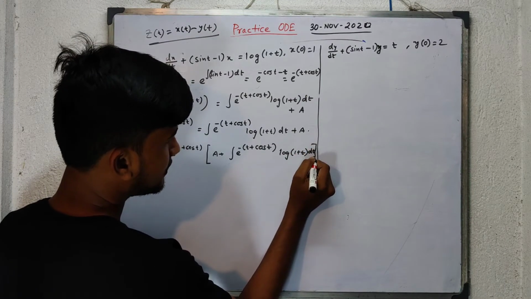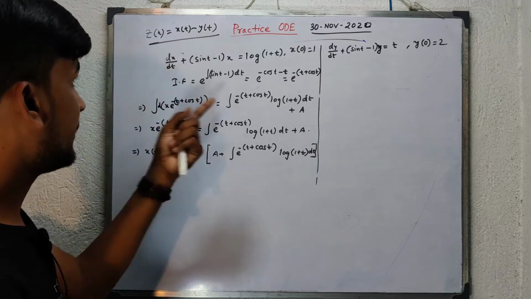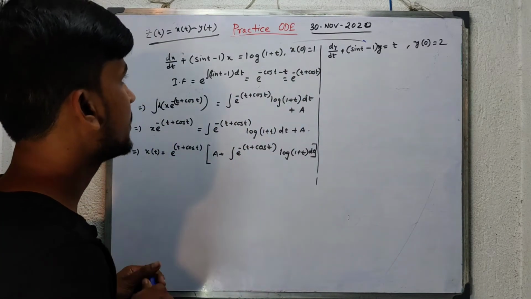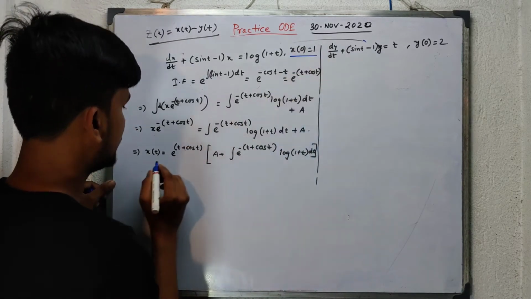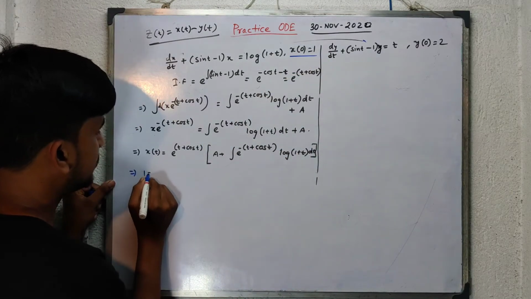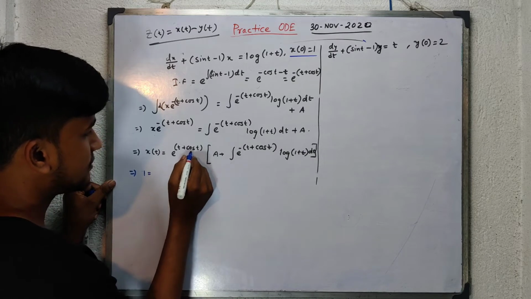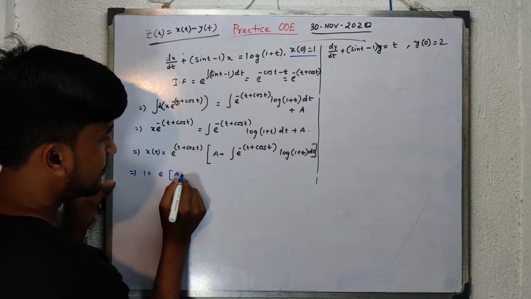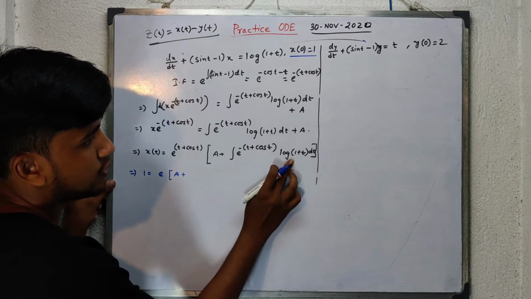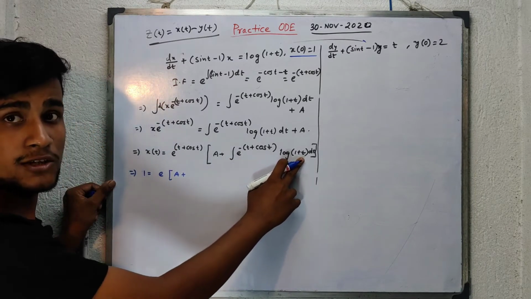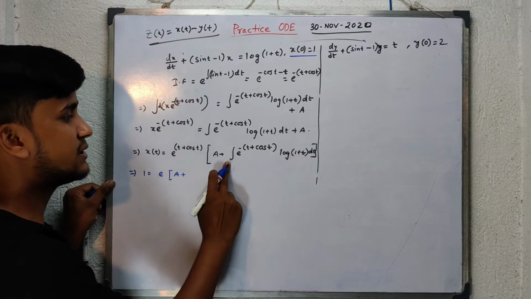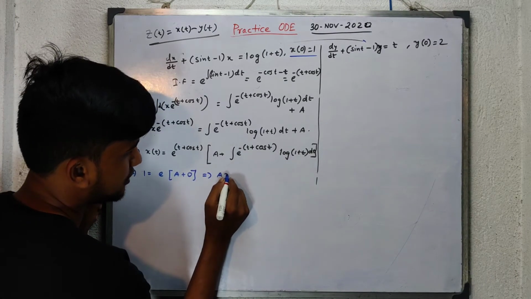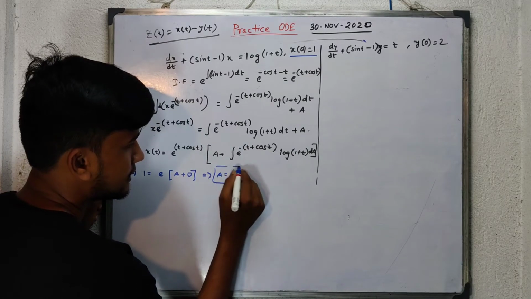Now applying x(0) = 1, this gives 1 equals e times (a plus the integral term), where log(1 + 0) means log 1, whose value is 0, so the whole term goes to 0. That means a equals 1/e.